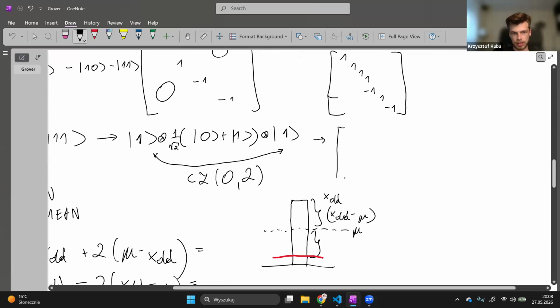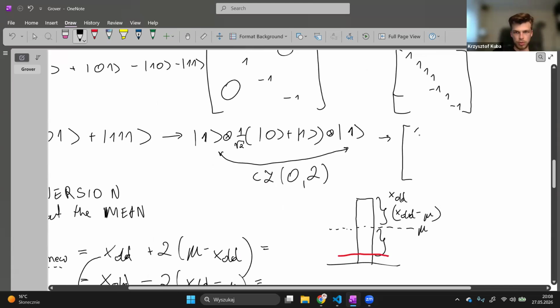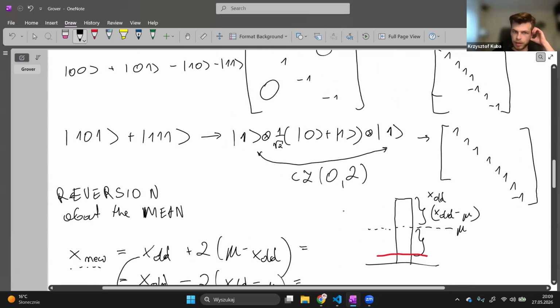And this is also in a matrix representation, where there is -1 definitely here.